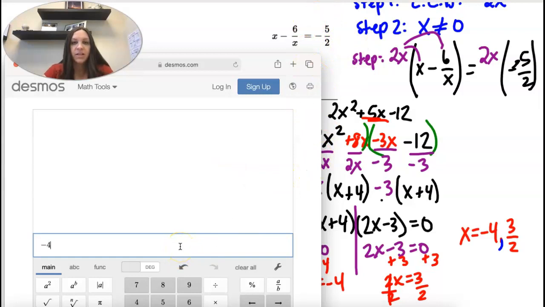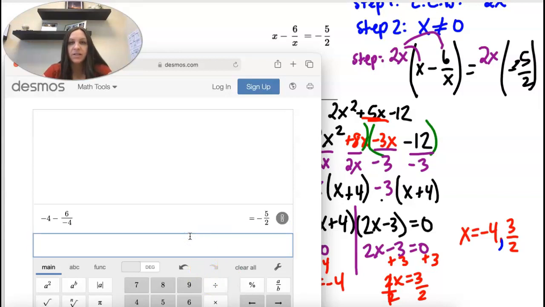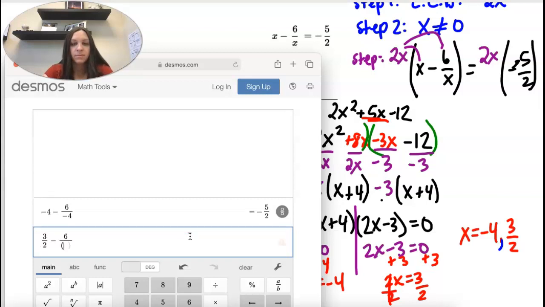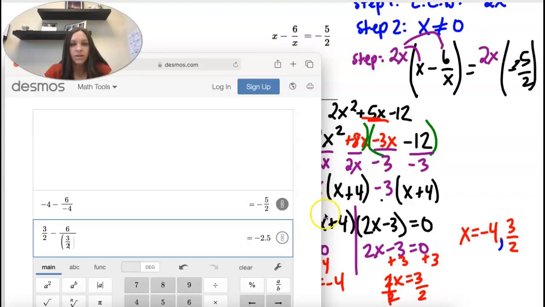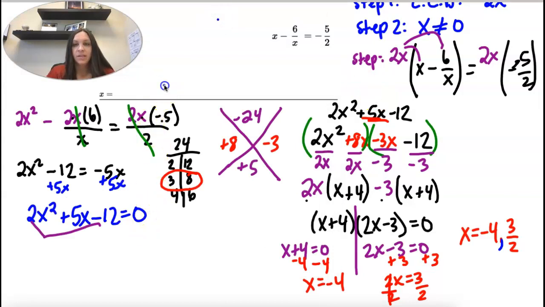So if x is -4, that equals -5/2. If x is 3/2, that also equals -5/2 right here. So those are correct. They work in our equation. -4, 3/2.